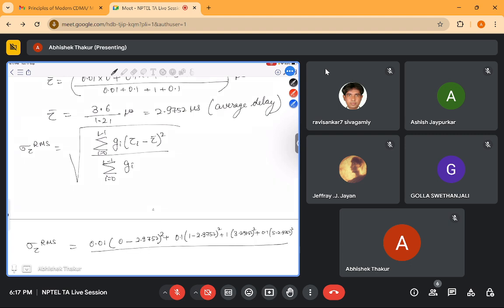divided by summation of all the gi. So that is 0.01 plus 0.1 plus 1 plus 0.1, and the square root of this complete term.